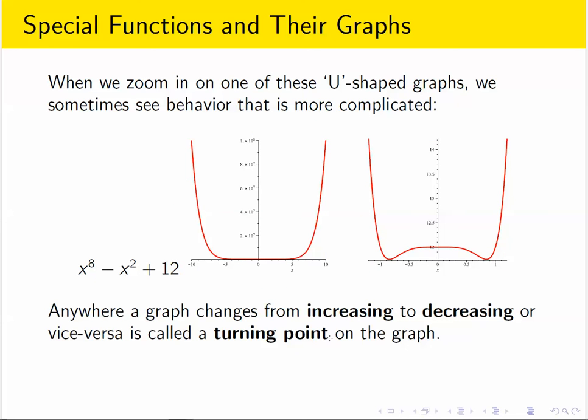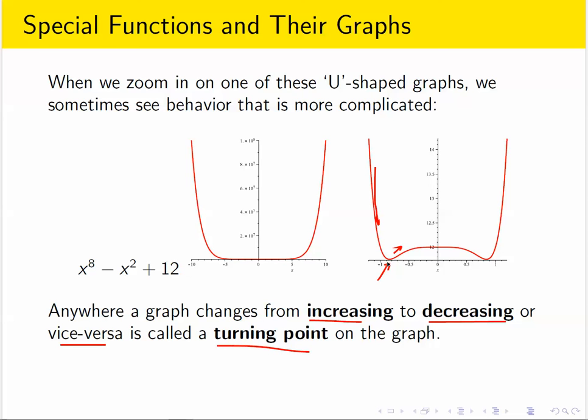In particular, anywhere the graph changes from increasing to decreasing, or the other way around, we call that a turning point on the graph. So on the zoomed in picture, we can see a turning point right here because the graph is decreasing to the left of that point, but increasing to the right of it.